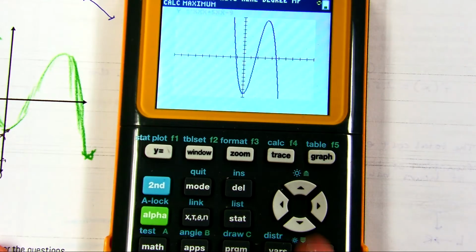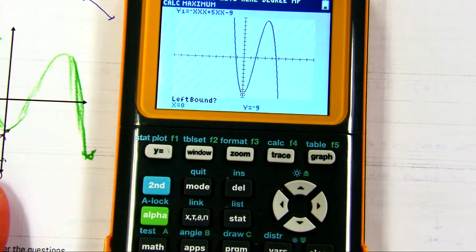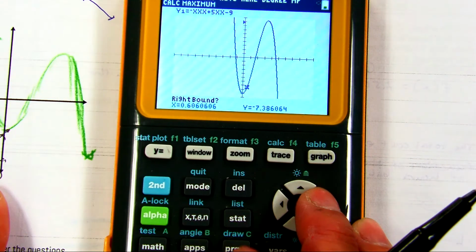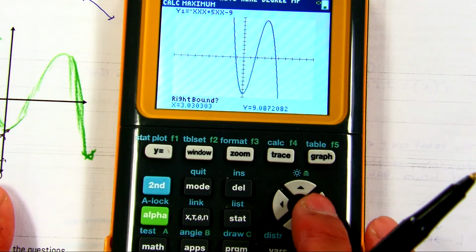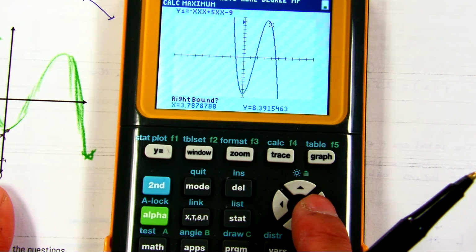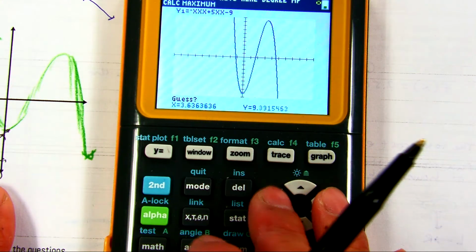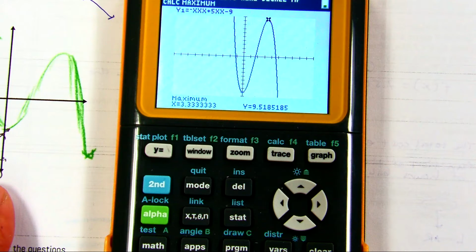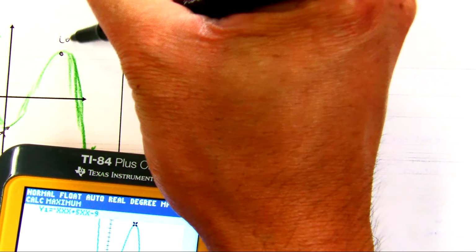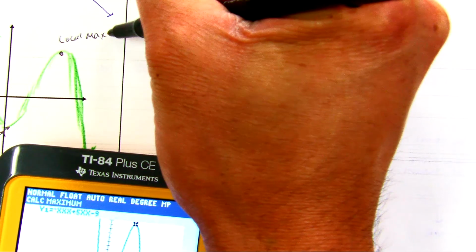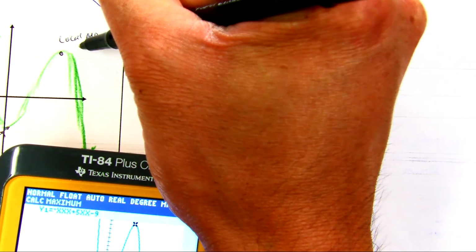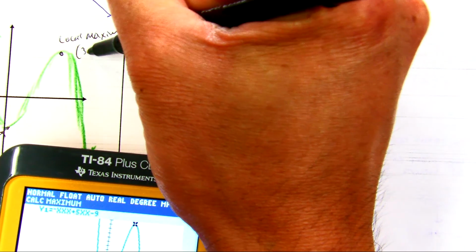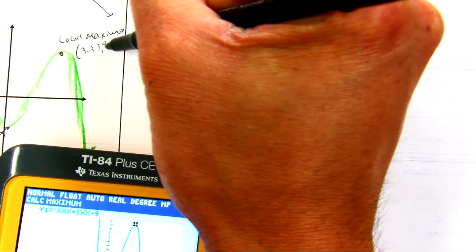So I'm already to the left, so I can just press enter because it's a little bit lazy, and then push all the way up. Going to the right, I'm pressing enter, and then my exact guess. There is our local maximum. And this is the ordered pair 3.33, 9.52.